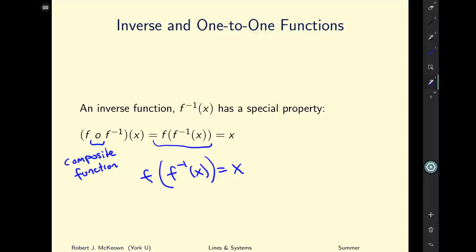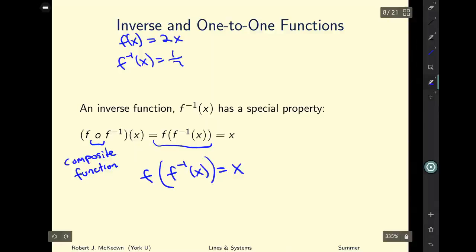So let me give you an example from the previous one. We had f of x is equal to 2x. The inverse was equal to 1/2 x.